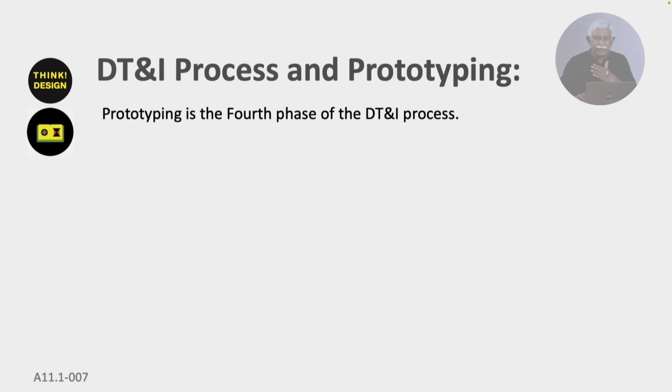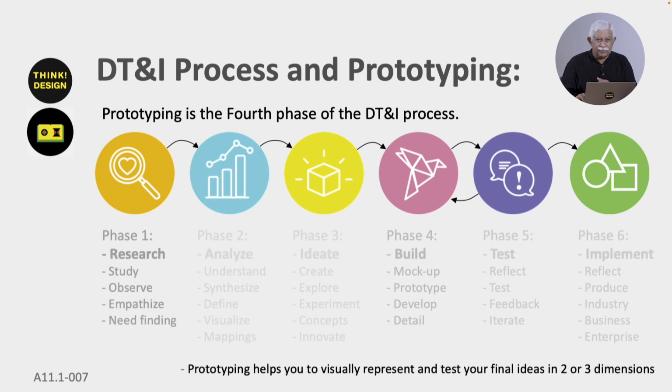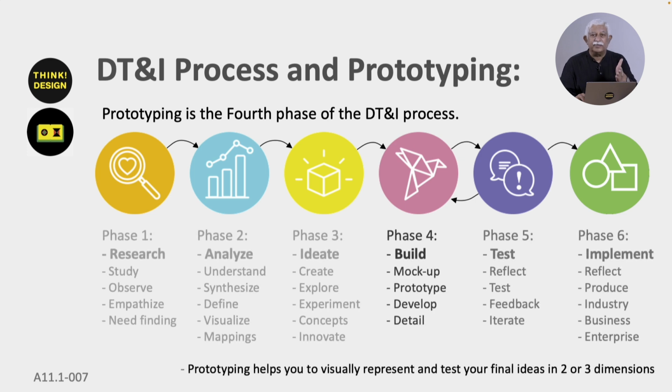So prototyping is the fourth phase of the design thinking and innovation process. So if you look at it, it is part of the building where you make mock-ups, prototypes, develop it and detail it. And then that is very useful for getting feedback, which is phase 5 of the design process.